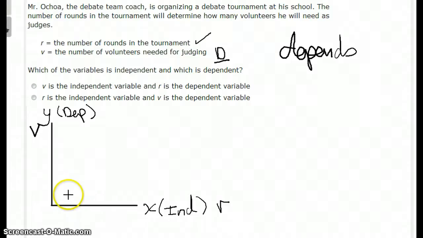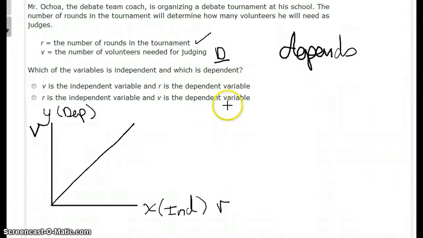So as the number of rounds increases, the number of volunteers needed for judging increases. Right? So once we have that, it would be quite easy then to write an equation that matches that information. So we'll have more practice with that on Monday, but if you can use that as the technique, which comes first, the rounds or the volunteers?